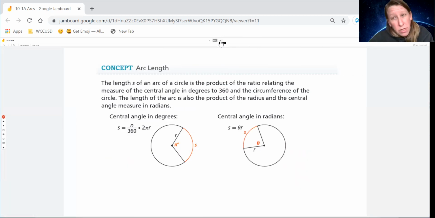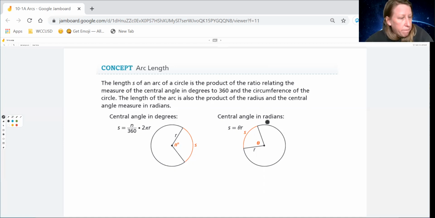There are two ways to measure arc length. There's the way that we just went over, and then there's also an easier way, and that is if you know something about radians. Radians are interesting. Radians are a different way to measure angles, and in higher math we actually use them quite a bit more. On calculators, you will often see a DEG and a RAD symbol.